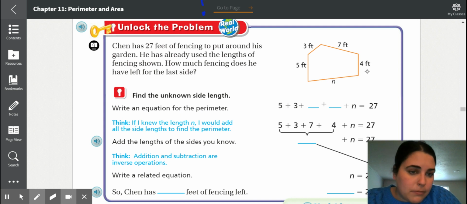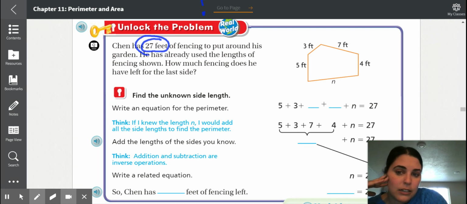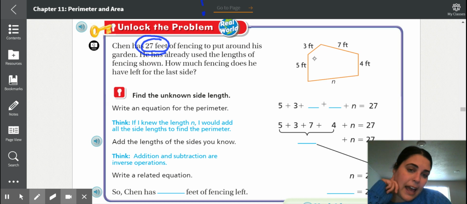We have 4 feet, 7 feet, 3 feet, 5 feet, and then they're calling this side here N. We don't know what N is. That is what we need to figure out. But what do we know? We know that Chen has 27 feet. So we know that if he adds up 4 plus 7 plus 3 plus 5 plus n, it needs to equal 27.